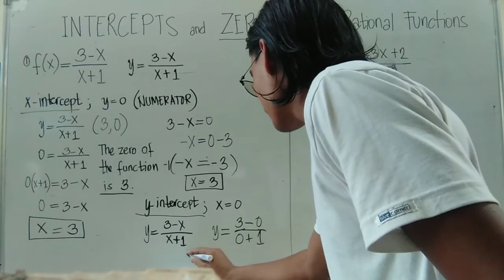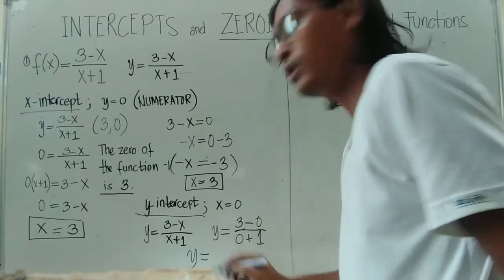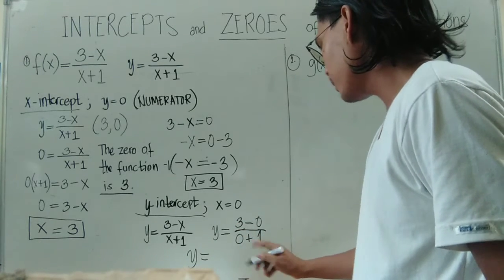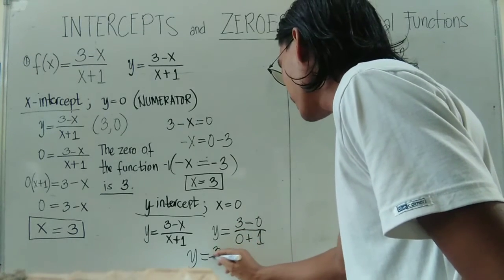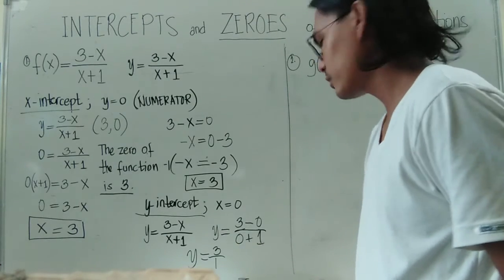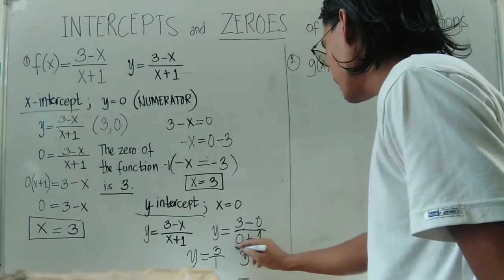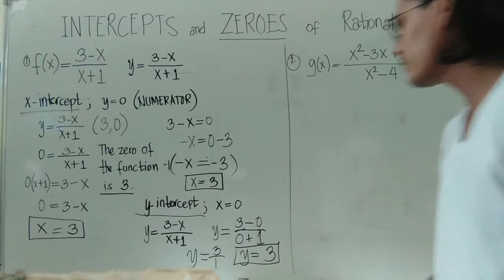Okay, therefore y is equal to 3 divided by 1. 3 divided by 1. So therefore y is equal to 3. Okay?